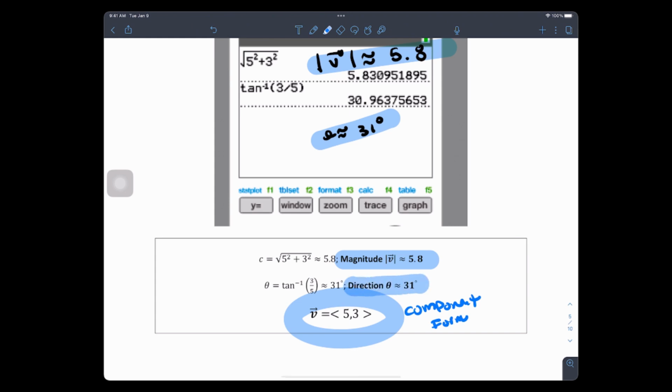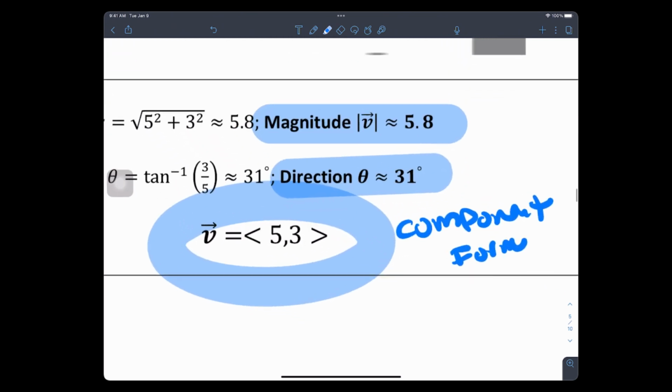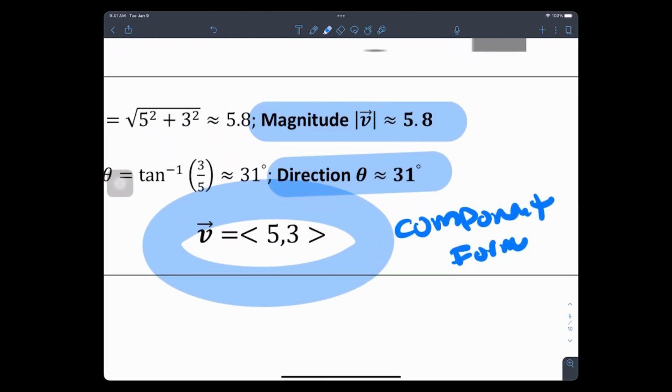And you have a way to describe the direction. It's 31 degrees. So those are some of the fundamentals they want you to know about any vector. Can you graph it? Get the component form? What's the magnitude? What's the direction? Is that easy peasy lemon squeezy? I told you, it's not that bad. It's based on arithmetic and some geometry, algebra, trig, really. But this is where you start in a lot of ways with the world of vectors.